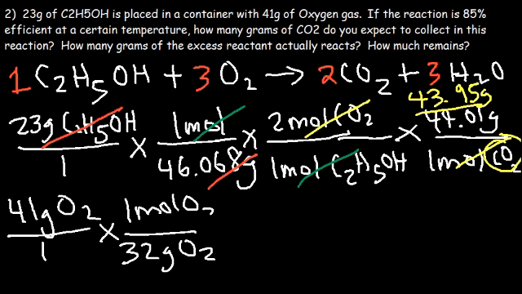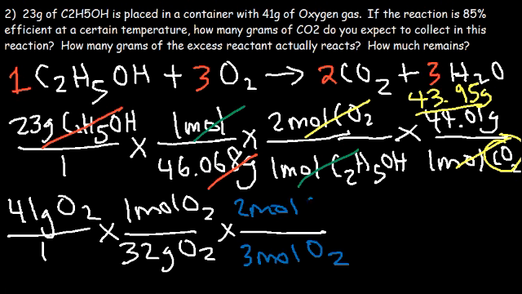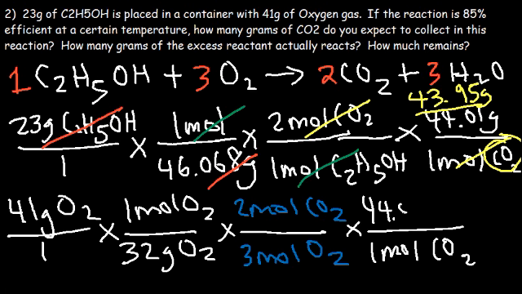And now let's use the molar ratio so that we can convert from the moles of O2 to the moles of CO2. As we can see, it's a 3:2 ratio. So for every 3 moles of O2 that reacts, 2 moles of CO2 are produced. And then the last part is going to be the same. We just need to convert moles of CO2 into grams. The molar mass is going to remain 44.01 grams.